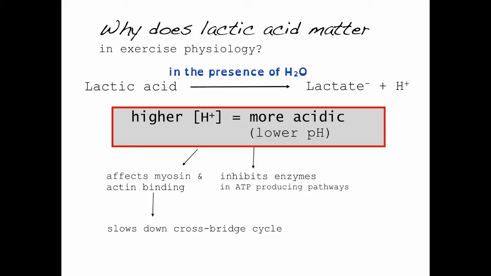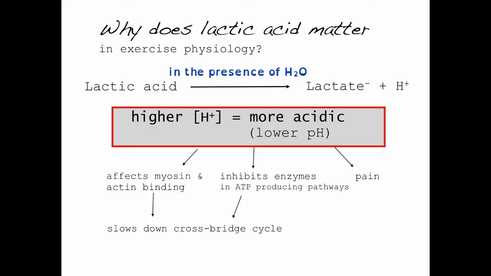In addition, we know that more acidic conditions affect the enzymes in ATP producing pathways. They slow them down. And this is also going to inhibit cross-bridge cycling, as ATP is needed for a full cross-bridge cycle to occur. Finally, we've all experienced the pain associated with metabolites of ATP production, and it's suspected that hydrogen ions are one of the factors that may cause this pain.